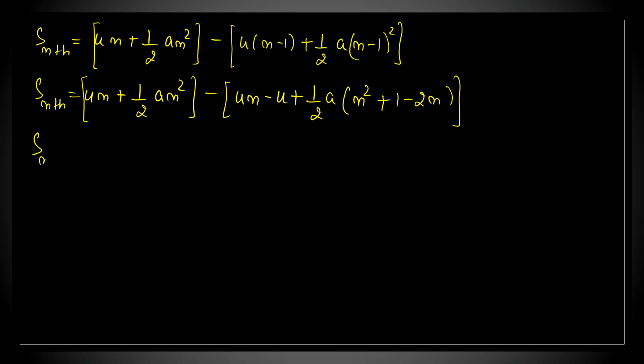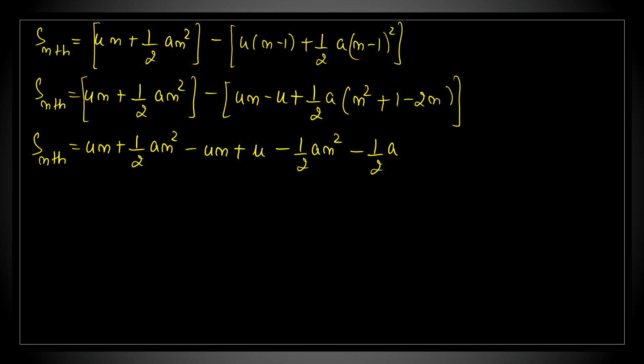Then open the brackets, s nth equal to un plus half a n square minus un plus u minus half a n square minus half a plus a into 2n upon 2. Then un is cancelled out and half n square also cancel, and 2 and 2.